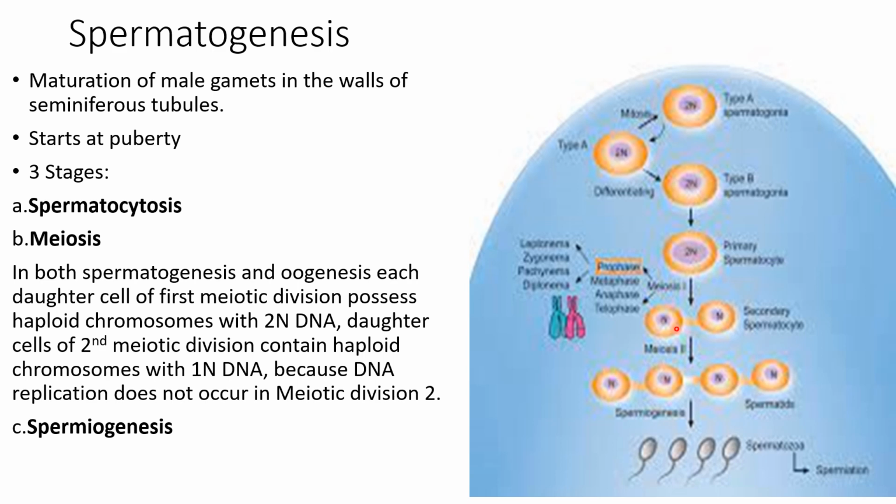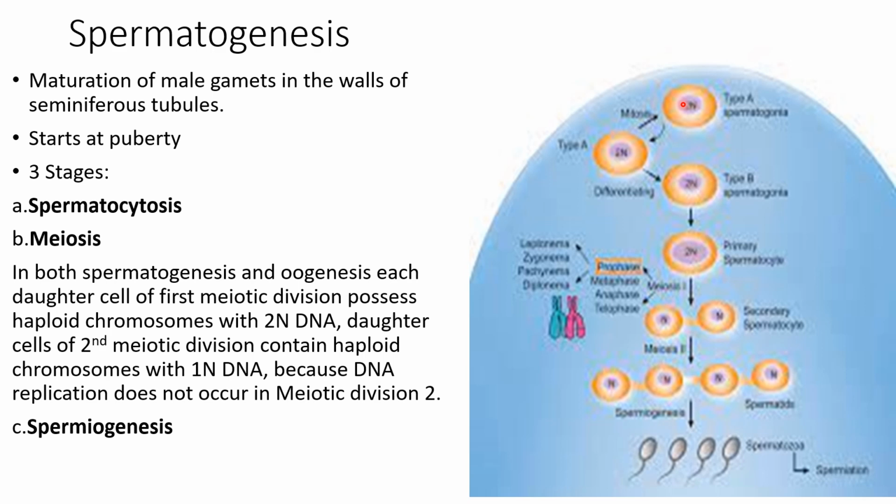Now let us briefly and rapidly revise the process of spermatogenesis. There are three stages: spermatocytosis, meiosis and spermiogenesis. In spermatocytosis, the primordial germ cells will form dark type A spermatogonia.